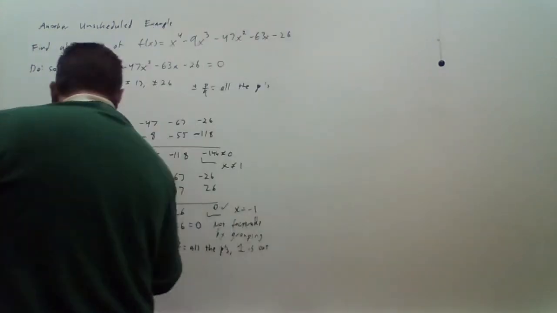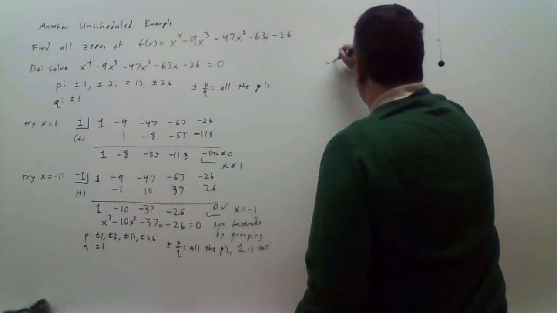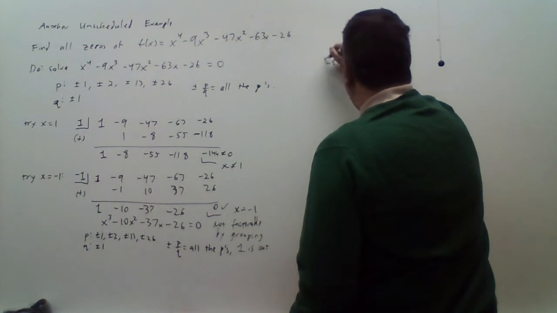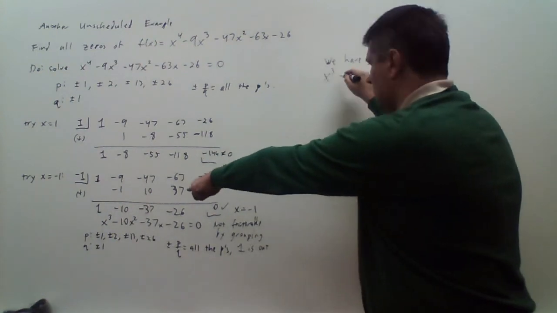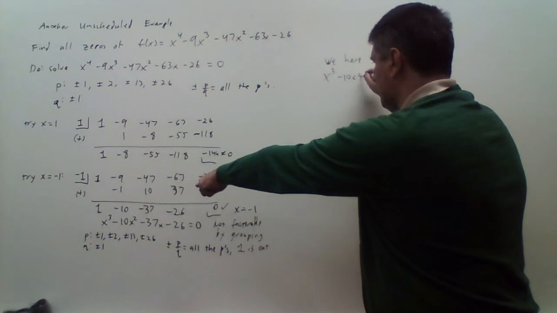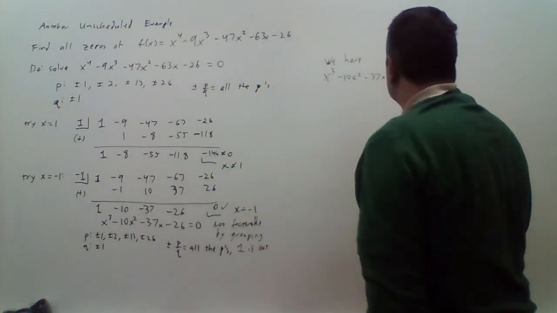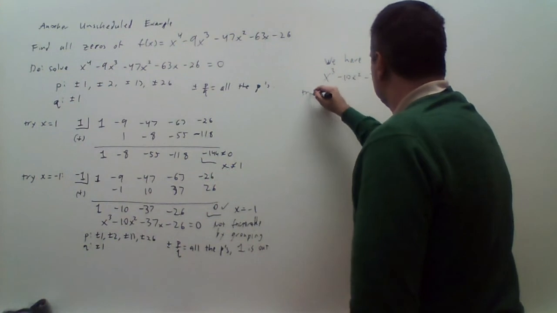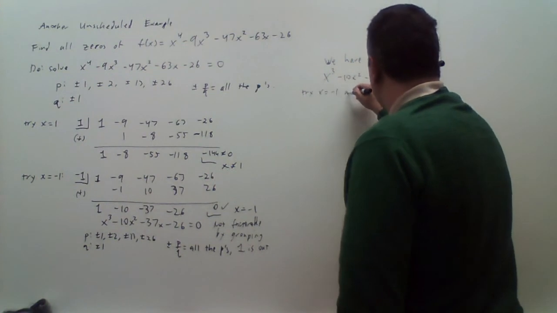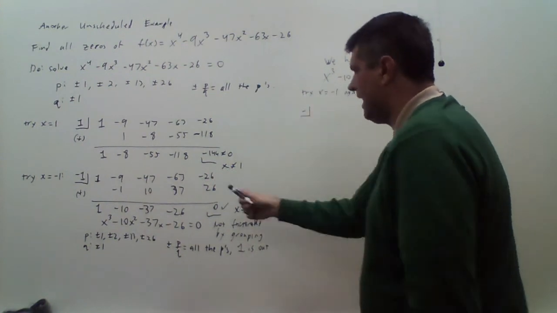Okay, so we have x cubed minus 10x squared minus 37x minus 26 equals 0. Try x equals negative 1 again.